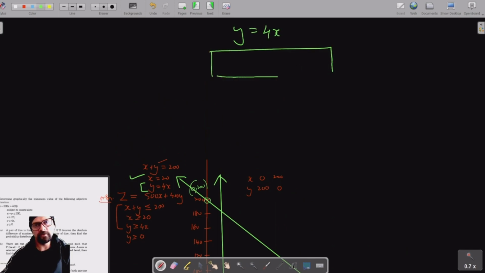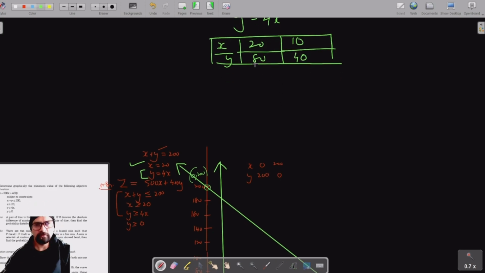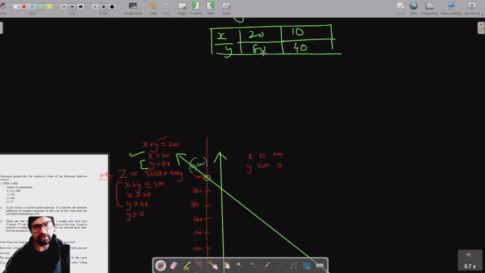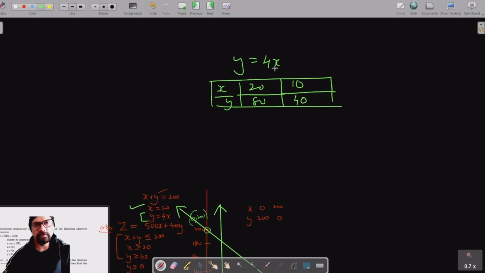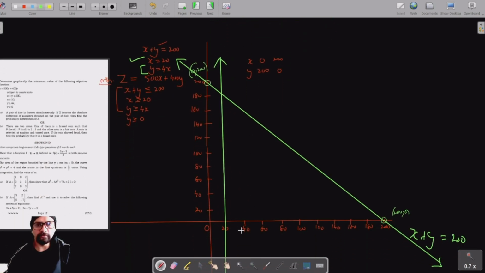Let's try to get two coordinates for y equals 4x. When x is 20, y is 80. And when x is, let's say 10, y is 40. So I have the point 20, 80.